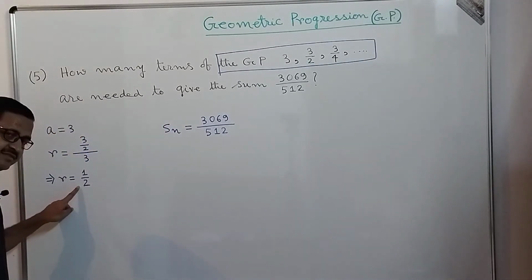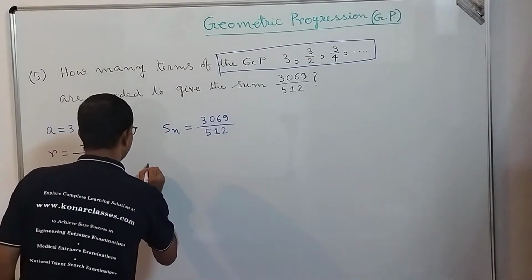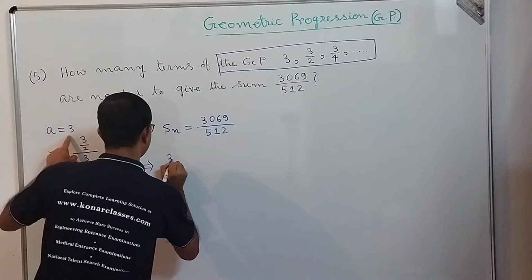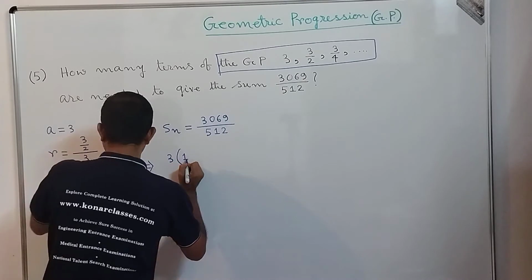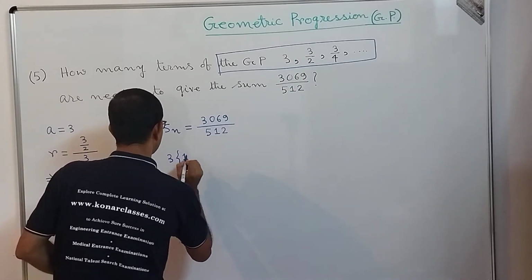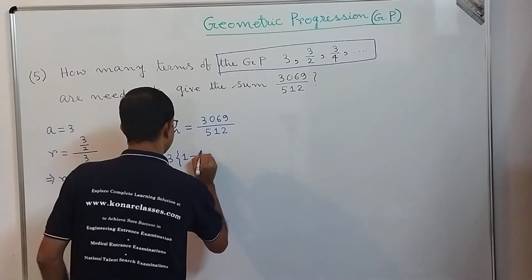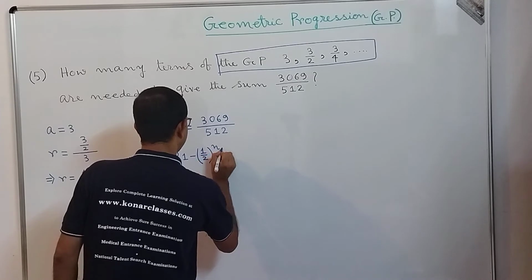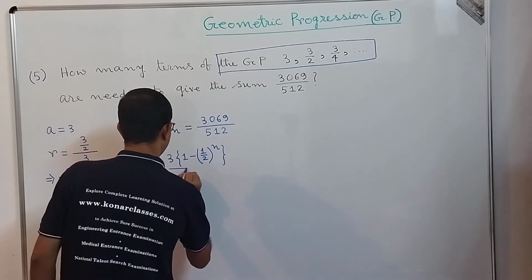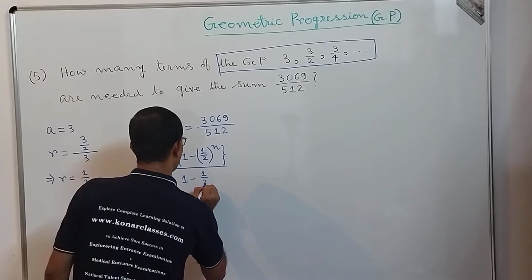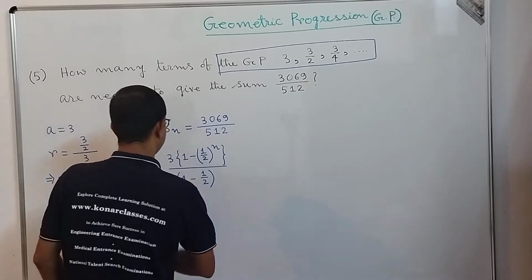Since R is less than 1, the formula we are going to use is A into 1 minus R to the power n, that means 1 minus 1 by 2 to the power n, divided by 1 minus 1 by 2.